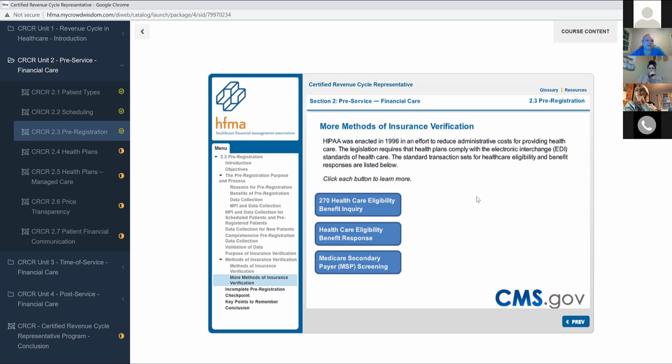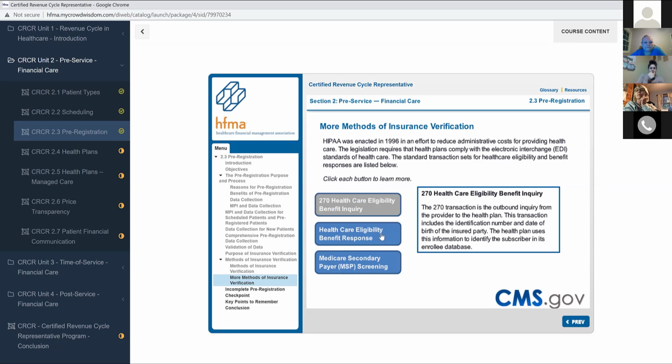But just be aware that these files are assigned numbers. Your 270 file is your transaction file that contains the patient's eligibility. The 271 file is the response file that you get from the insurance company that will explain what the patient's covered for and not covered for.